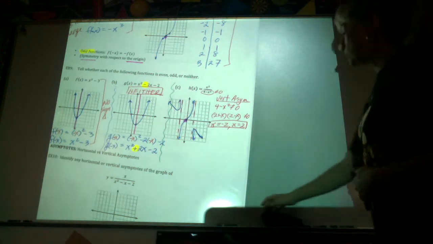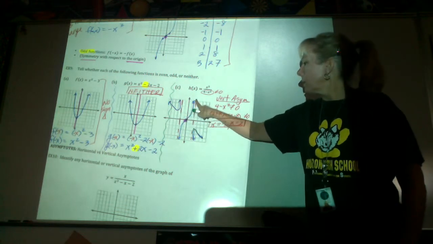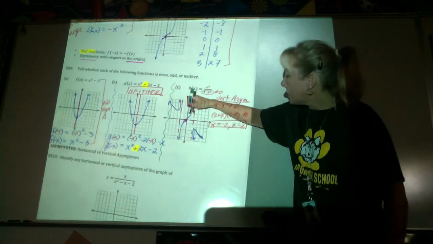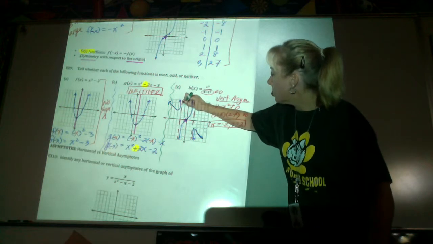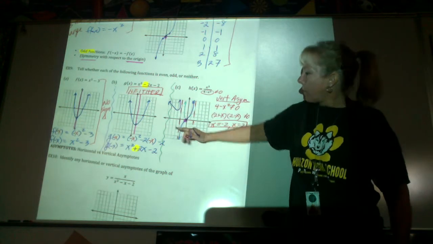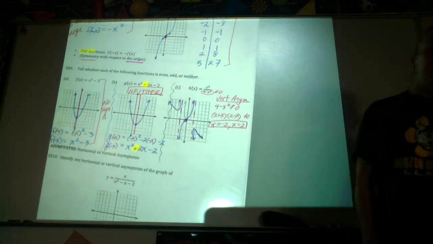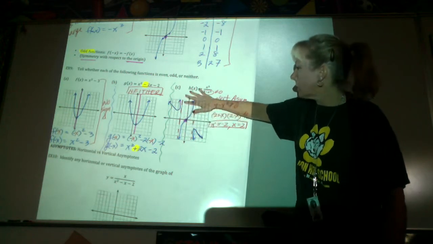So I'm going to go ahead and try to reflect for you. So this part right here, I'm going to reflect over the y-axis, which means it goes this way, give or take. Would you agree? And then if you take that and flip it back over the x-axis, won't it become that part of the graph? So that part is symmetrical to the origin.